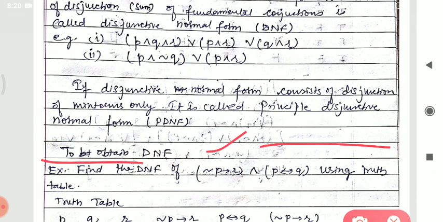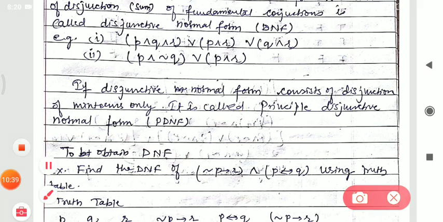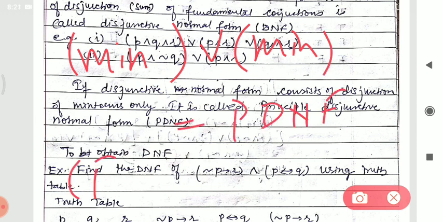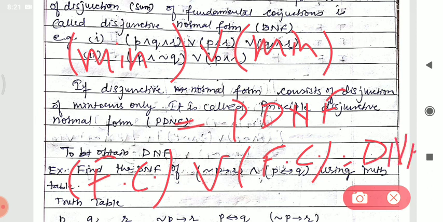I'm summarizing it. Sum of min terms is PDNF. Sum of fundamental conjunctions is DNF. Fine, this is the summary.